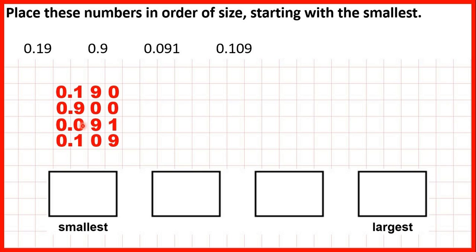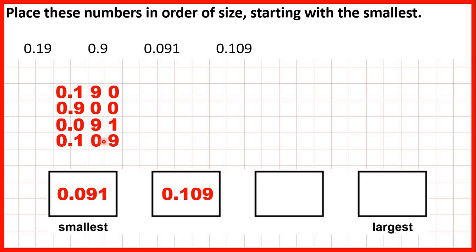So the number with 0 in the tenths, 0.091, will be the smallest. And then one of our numbers with only 1/10 will be next smallest. To see which, we can move over to the hundredths. This number with 1/10 has 9 hundredths, but this number has 0 hundredths.